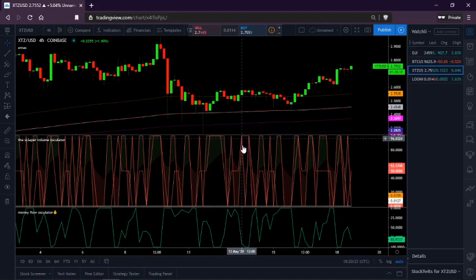So sell, because we had a six function cancel or sell signal within one movement right here. So one, two, three, four, five.